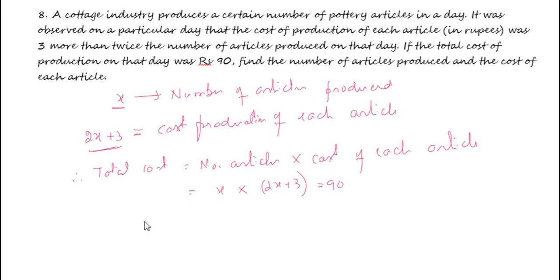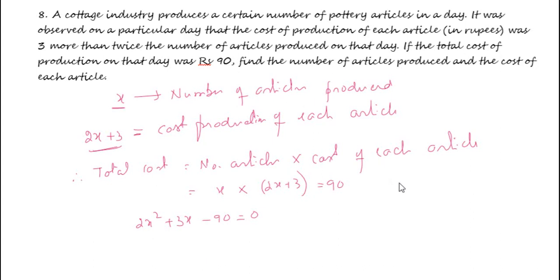Let us simplify this one. 2x square plus 3x minus 90 equal to 0. This is the quadratic equation.